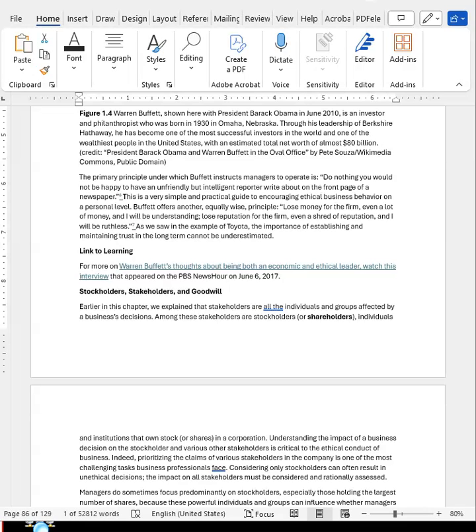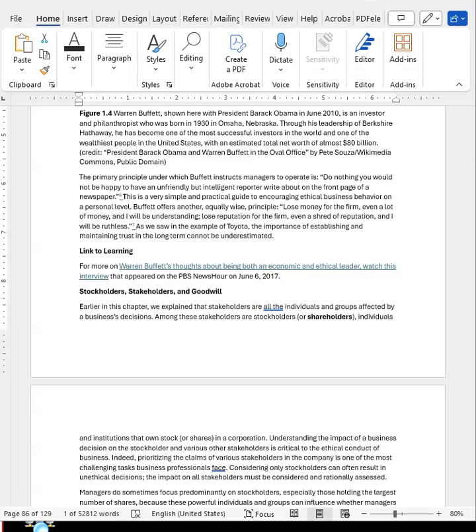Understanding the impact of a business decision on the stockholder and various other stakeholders is critical to the ethical conduct of business. Indeed, prioritizing the claims of various stakeholders in the company is one of the most challenging tasks business professionals face. Considering only stockholders can often result in unethical decisions. The impact on all stakeholders must be considered and rationally assessed.